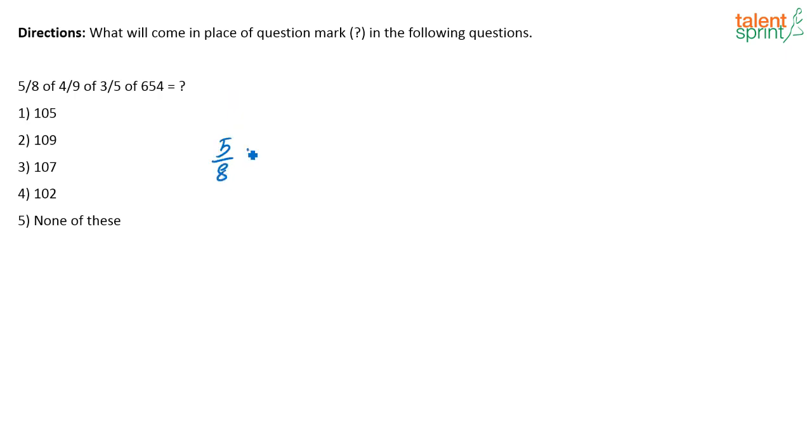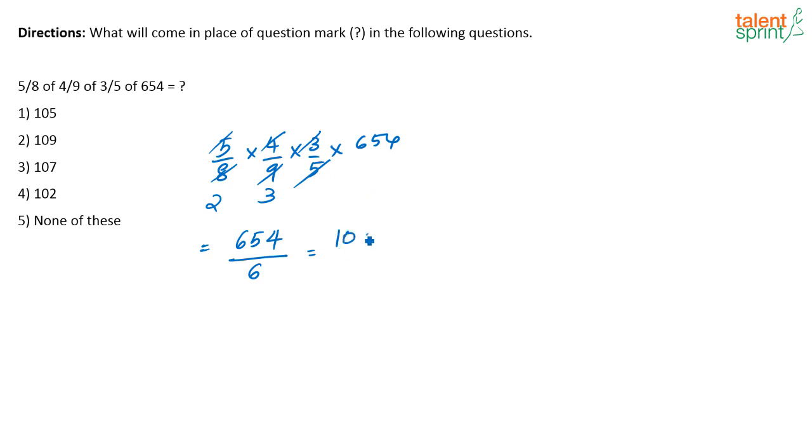Cancel 3, 2, so I have 654 divided by 6, so the answer will be 109, option 2. Very easy question.